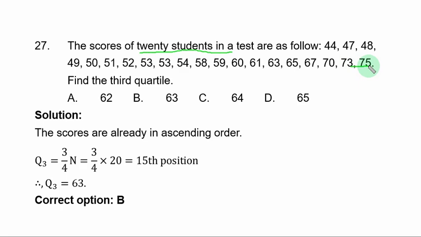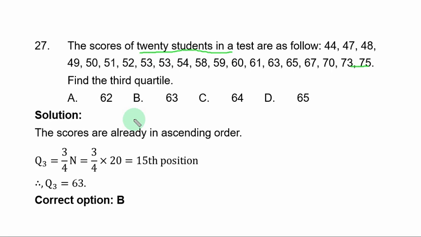All the scores are already arranged in ascending order, so that saves all the stress of doing arrangement. Now, a quartile is the division of any distribution into 4 equal parts. So the third quartile is 3/4 of the total number of scores.